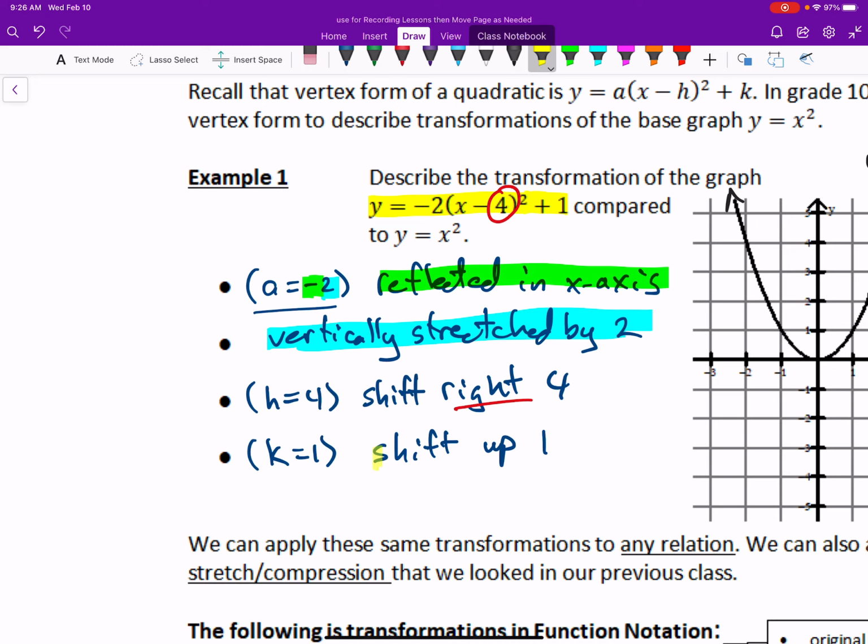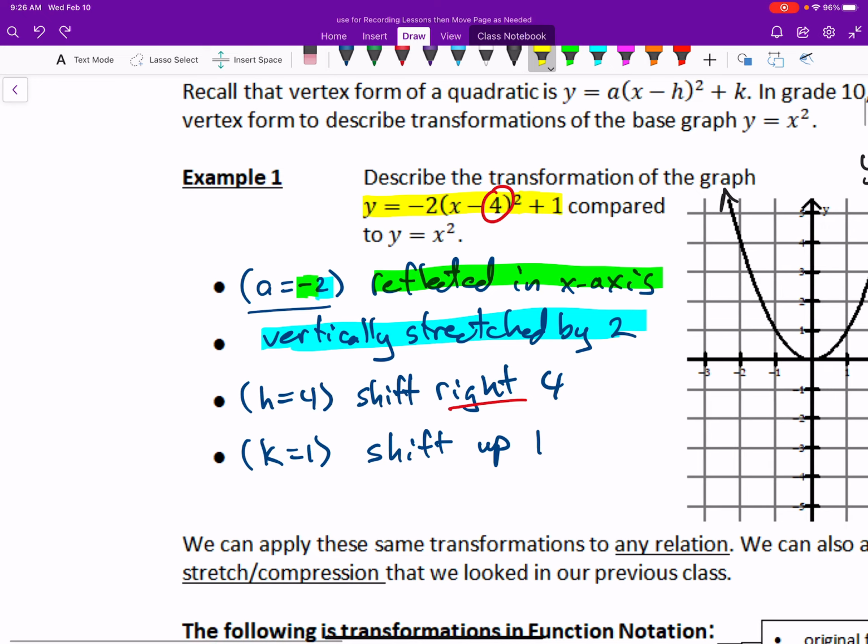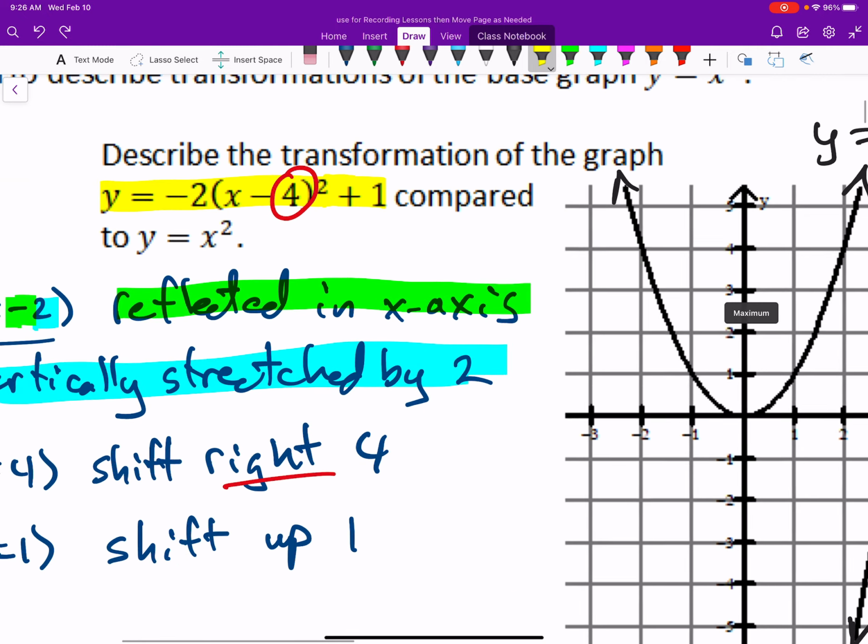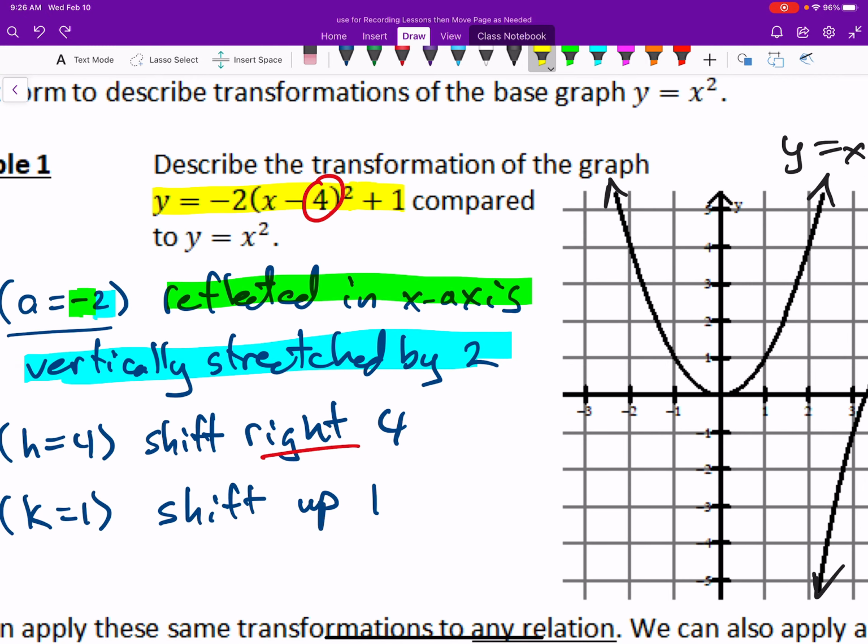And we have to do these things in order. The reflection and the vertical stretch we can do simultaneously, but I have to do the A value first, and then I have to do my shifts. So if we were just to look at this graph before we see the stretched one, on the right-hand side of the screen, imagine reflecting that parabola downward, okay? That's the first thing I want to do.